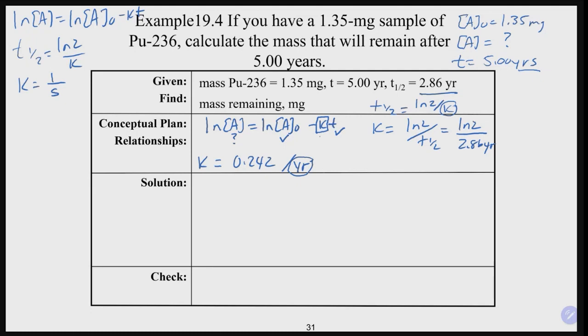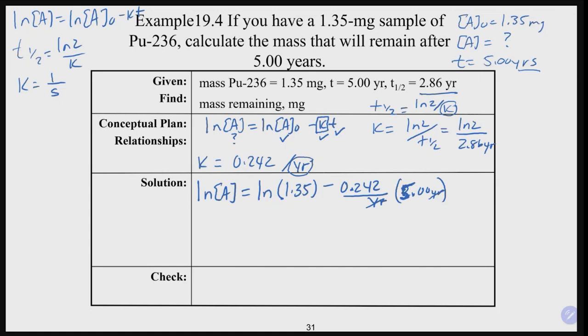The natural log of A, which is what we're looking for, would equal the natural log of our initial concentration, which is 1.35, minus our decay constant that we just solved for, 0.242, again 1 over years, times our 5 years. This way the years will cancel out. So again, it's really important to make sure those units agree.